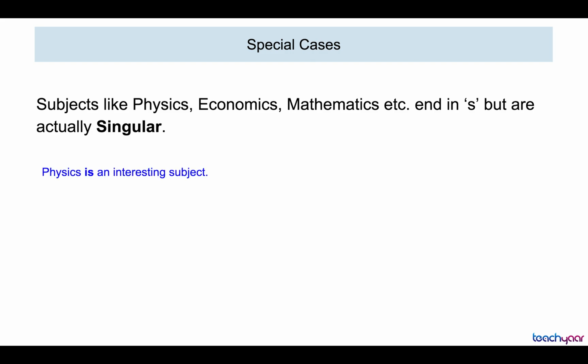Now I'll just take one example: physics is an interesting subject. There is an S there at the end, but it's always treated as singular. That is why the verb you will find is: physics is an interesting subject. So this is a special case where subjects and certain diseases have an S in them, but they are treated as singular.